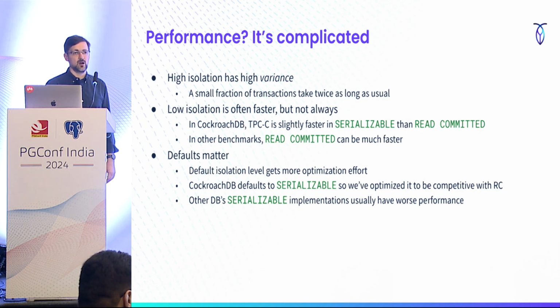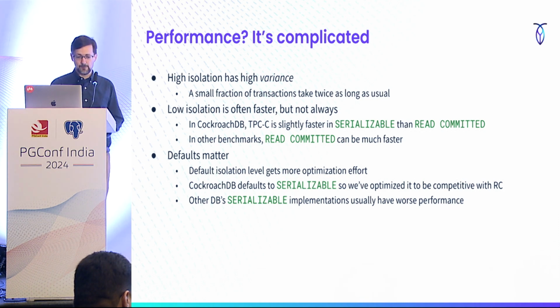We have a lot of optimizations and shortcuts and heuristics in our serializability implementation that we think make it one of the best in class for high isolation levels. Other databases haven't necessarily made that investment. So in other databases, when you start to upgrade isolation levels to serializability, you may see a bigger drop in performance than you do in CockroachDB.